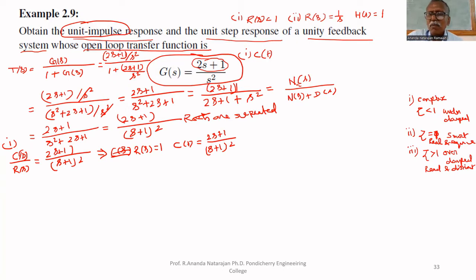Zeta less than 1 means complex. The fourth case is zeta equal to 0, undamped. It is an oscillator. Undamped means it always oscillates with constant amplitude. This is the case.